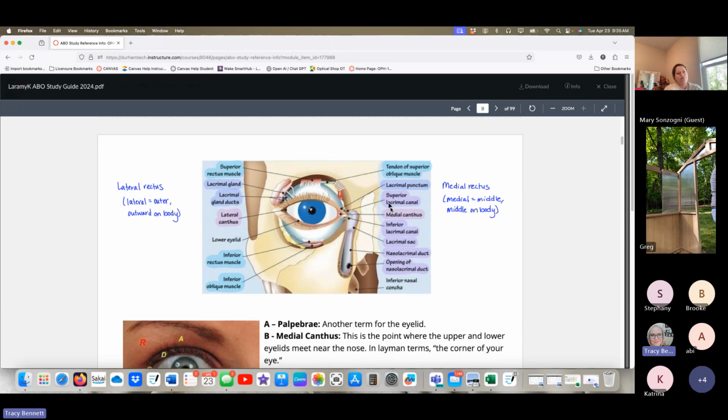This is another good diagram to be aware of. This one's not necessarily showing the path of the tear. I mean, we can trace the path of the tear, but you've got your muscles up here, your superior rectus, because remember your rectus muscles are all around.